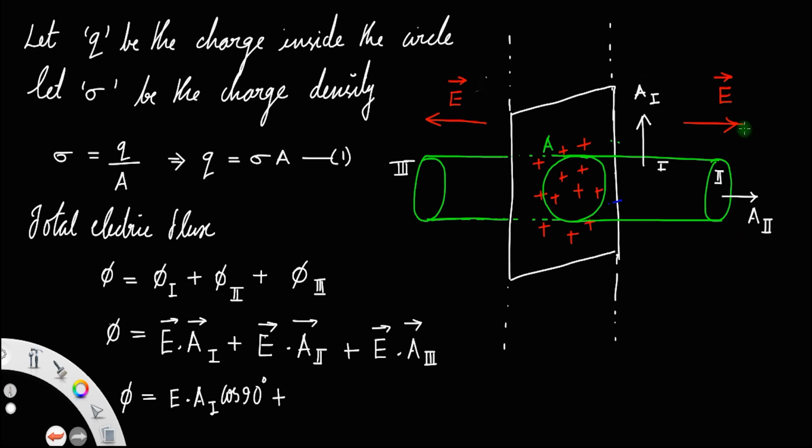Clearly, the electric field and area are parallel. So we can write EA2 cos 0. And for the third area also, the area vector will be in this direction, A3. So the angle between electric field and area vector is 0. So EA3 cos 0.